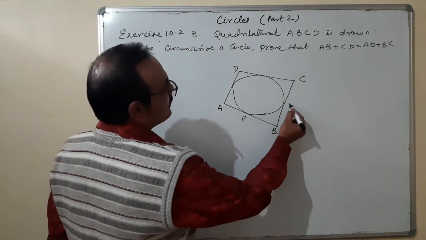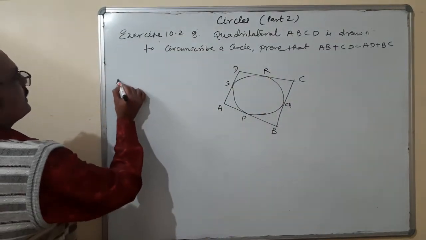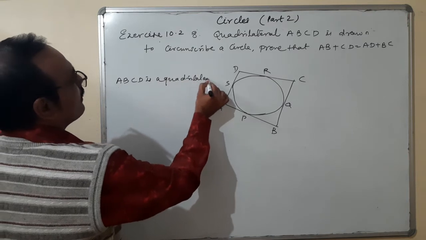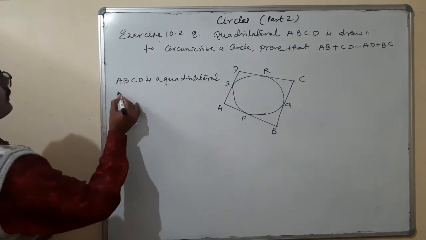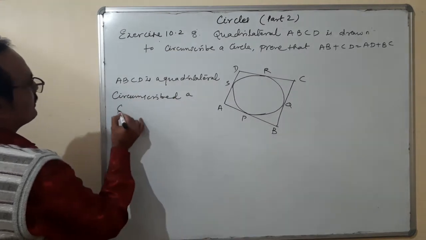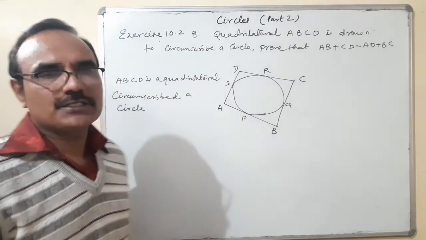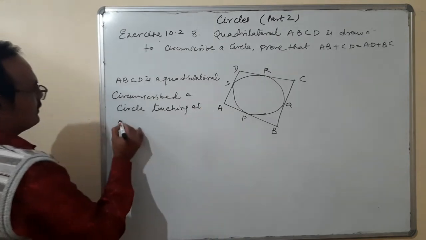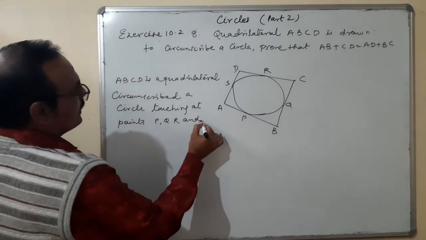Let the points be P, Q, R and S. So ABCD is a quadrilateral circumscribing a circle, touching at points P, Q, R, and S.